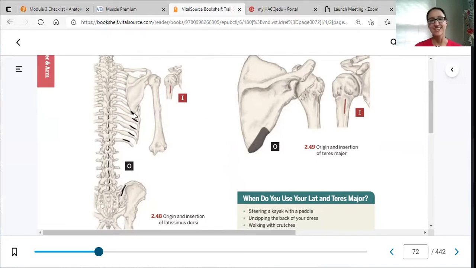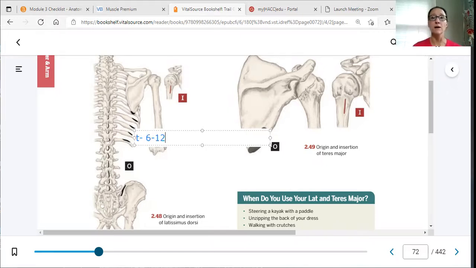Then the external surfaces of the last 6 thoracic vertebrae would be here. 1, 2, 3, 4, 5, 6. Last 6 thoracic vertebrae. So if you wanted to rewrite this, you could write it out as T6 through 12.